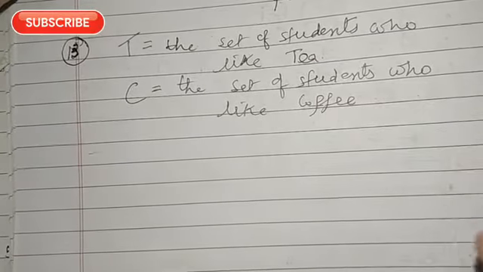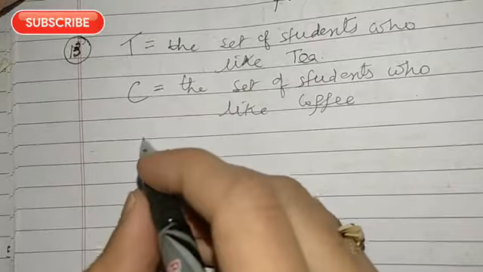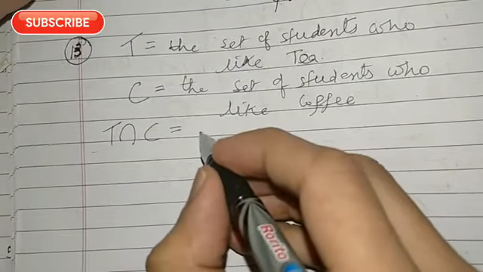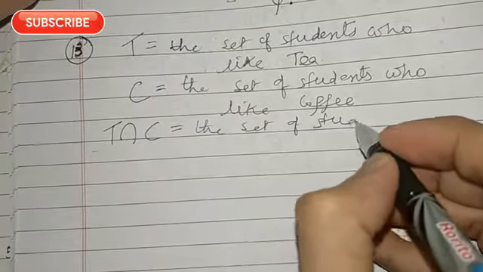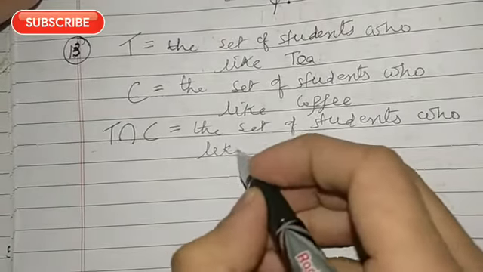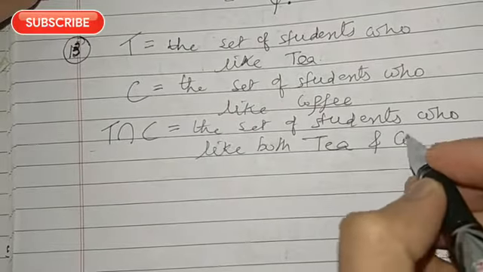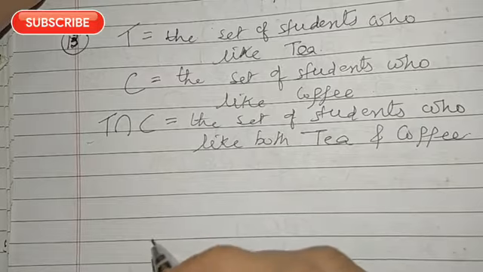So these are the sets that we have to take. Now what is the set T intersection C? It is the set of students who like both tea and coffee, right? This is the set T intersection C.